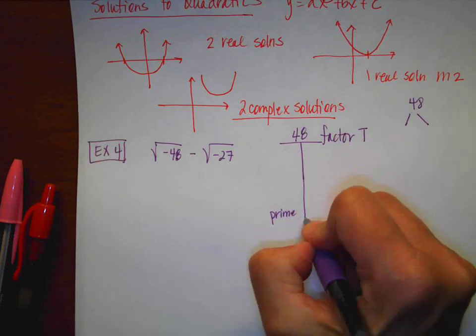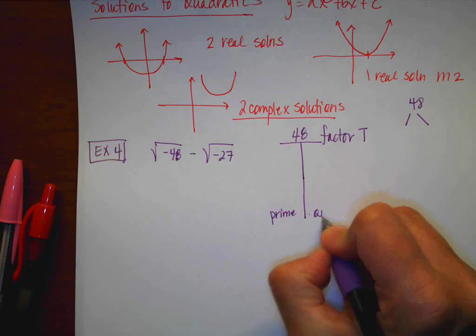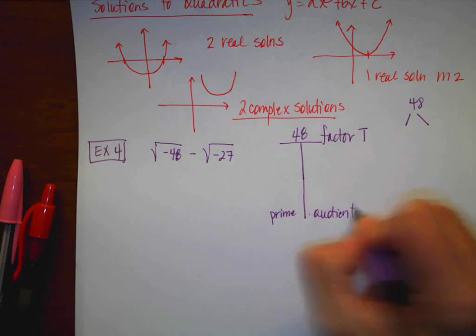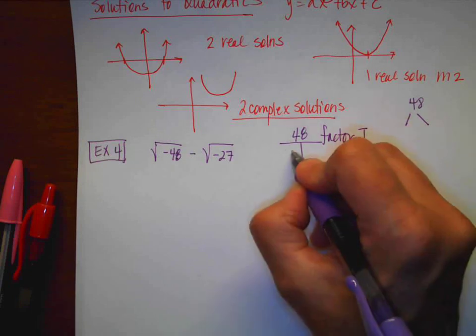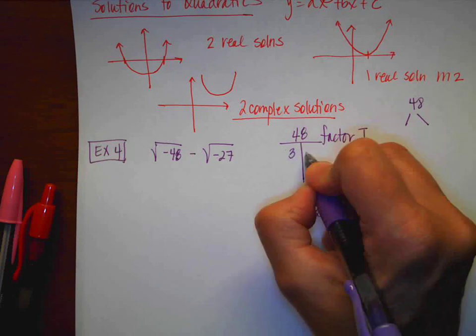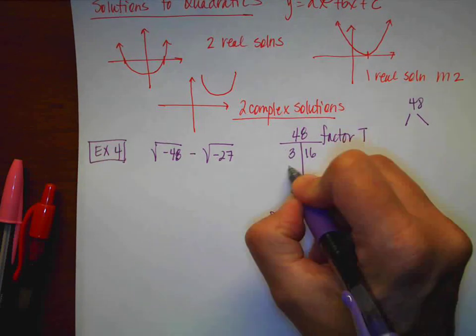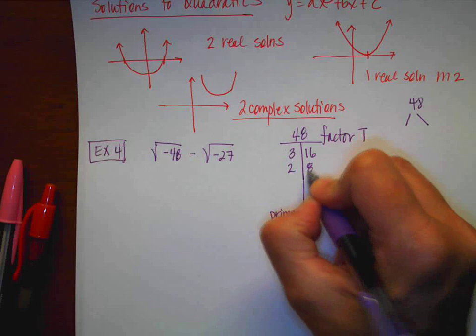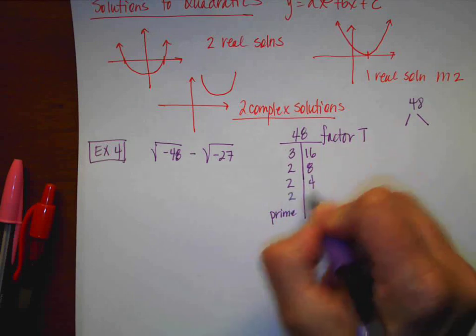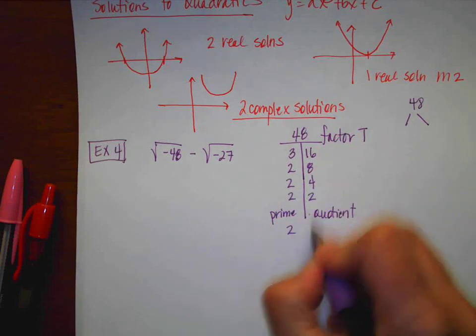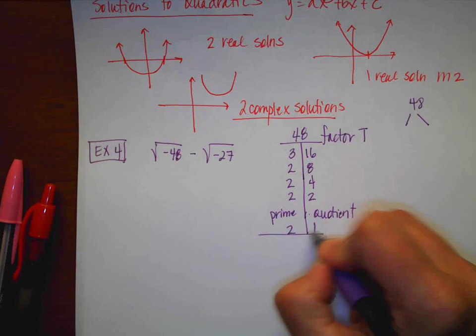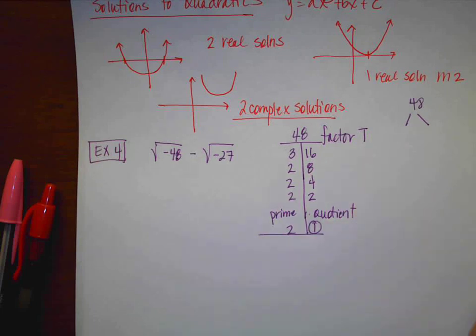On the left-hand side are prime numbers, and on the right-hand side is the quotient. All right, so I'm going to start by doing 3 goes into 48 16 times, 2 goes into 16, 8, 2 goes into 8, 4, 2 goes into 4, 2, 2 goes into 2, 1.